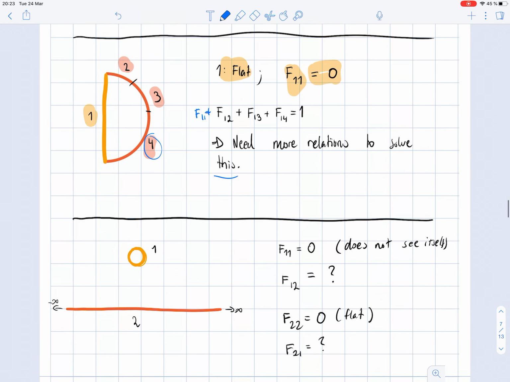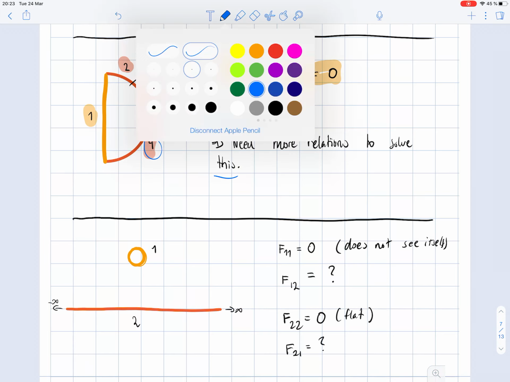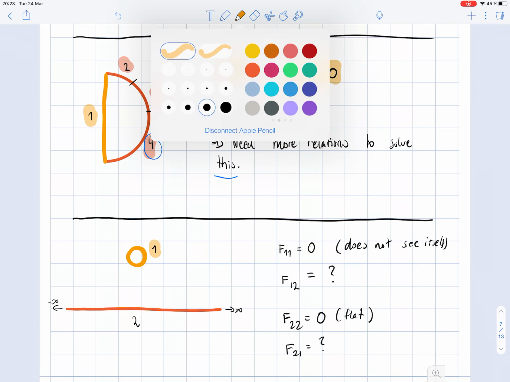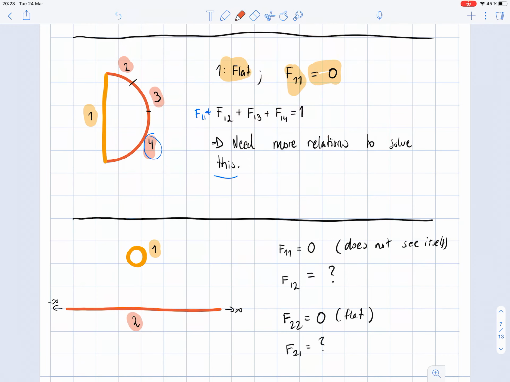The final example I would like to highlight is the following. We have a circle here that we denote 1, and we have an infinitely large surface down here that we denote 2.